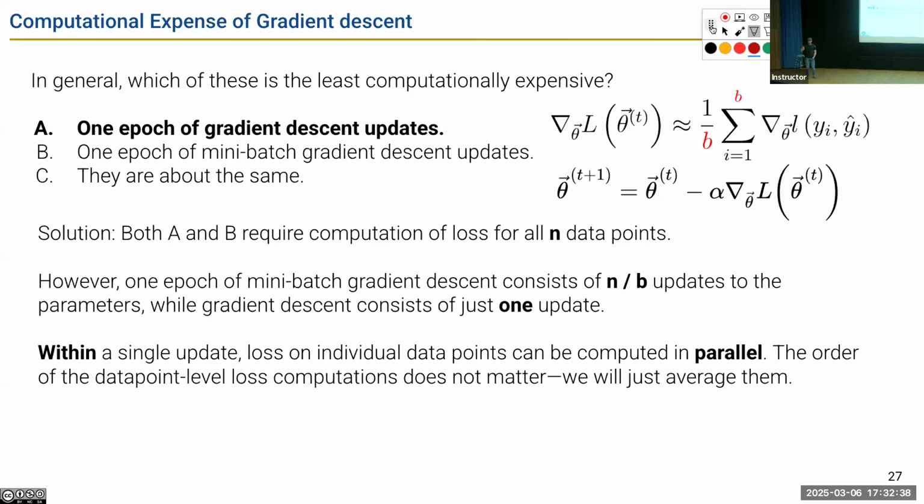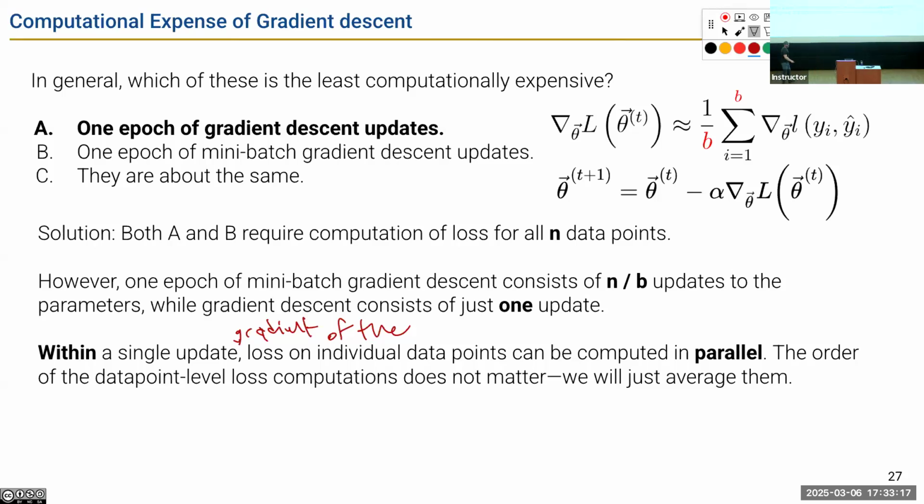Now keep in mind, there are some other benefits you can think about. When we compute things serially, we have to compute them one after the other. When we compute things in parallel, we can send them to multiple nodes at the same time and get all of our computations faster than if we did them one after the other. So within a single update, the gradient of the loss on individual data points can be computed in parallel.